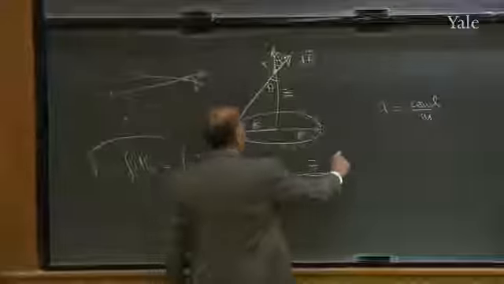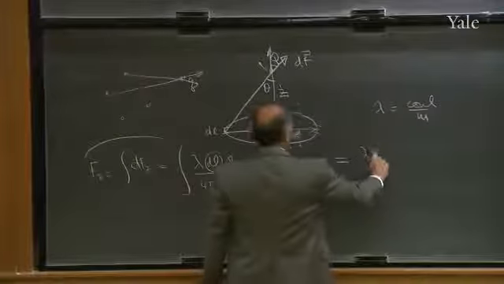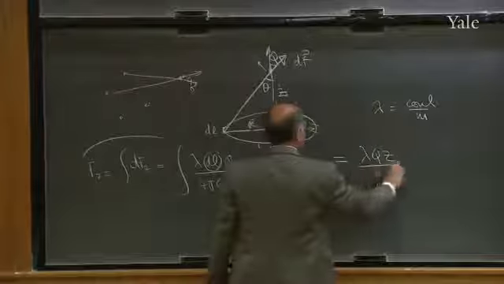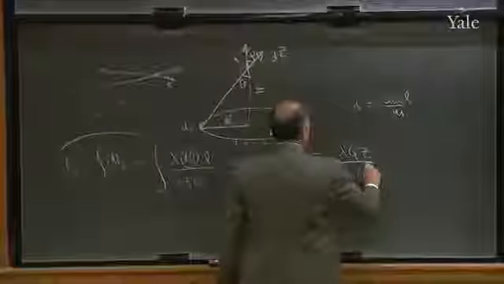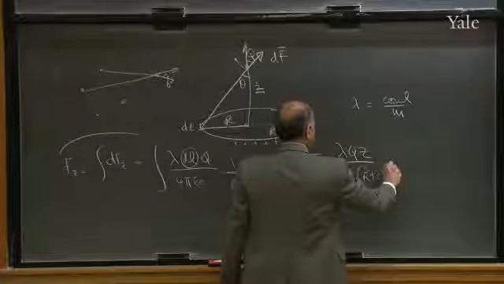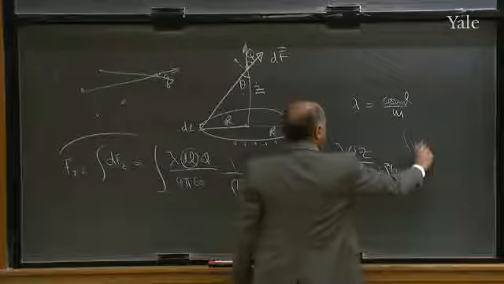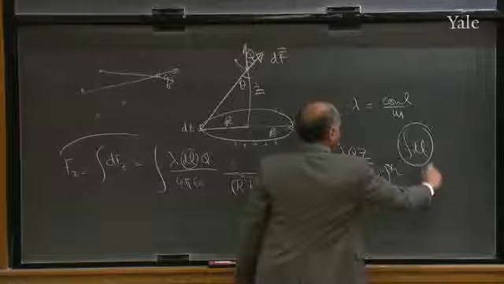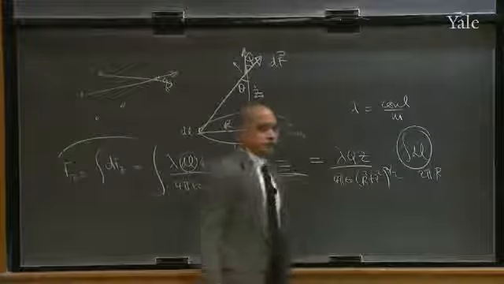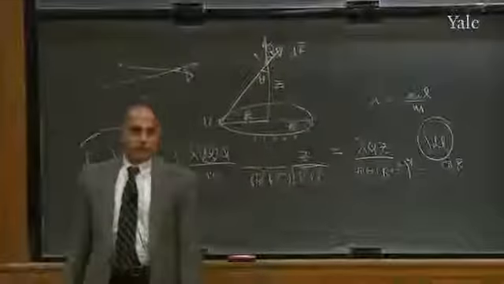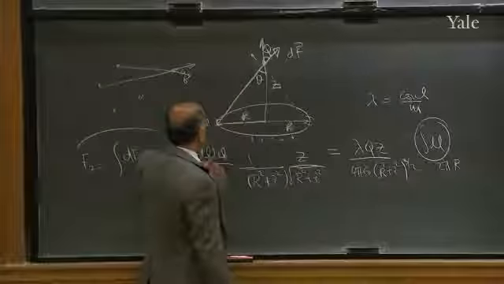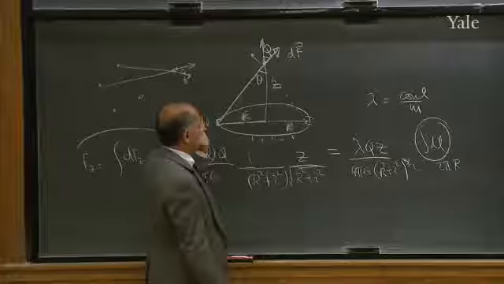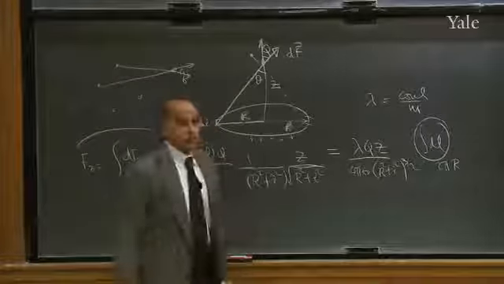In other words, this is going to be lambda q z divided by 4 pi epsilon 0 times R squared plus z squared to the 3 over 2, times the integral of dl. Integral of dl is just 2 pi R. In other words, every one of them is making an equal contribution, so the integrand doesn't depend on where you are in the circle, so you're just measuring the length of the circle.